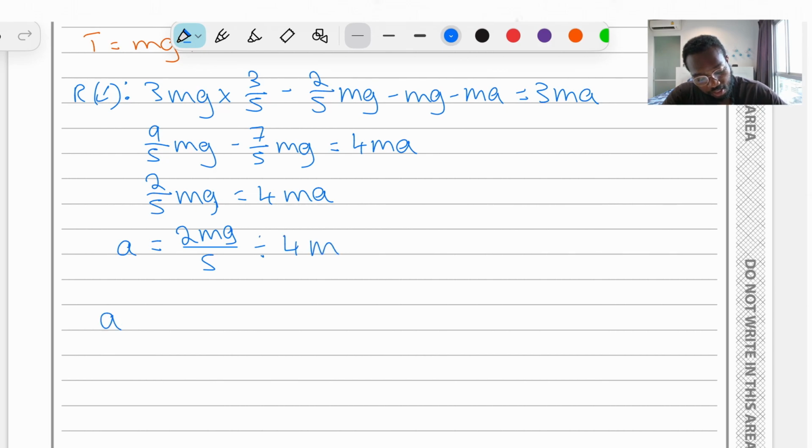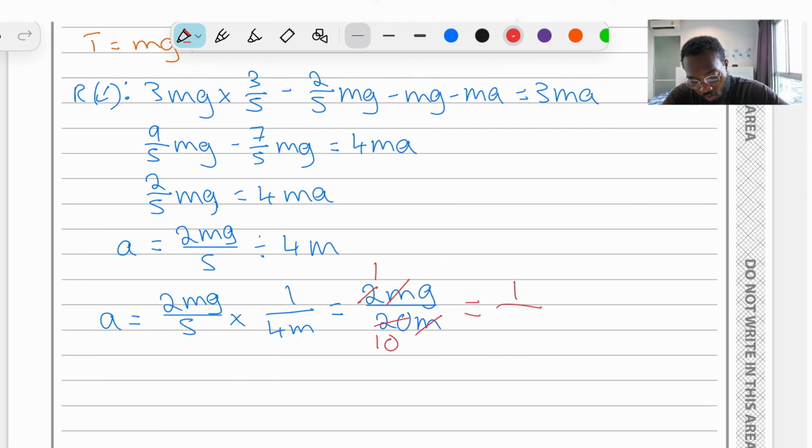That is the same as saying a is equal to 2mg/5 times 1/4m, which would be 2mg over 20m. Our m's cancel, that 2 goes down to a 1, this goes down to a 10. Therefore, we are just left with 1/10 g.